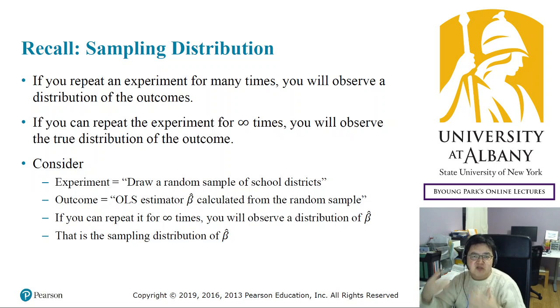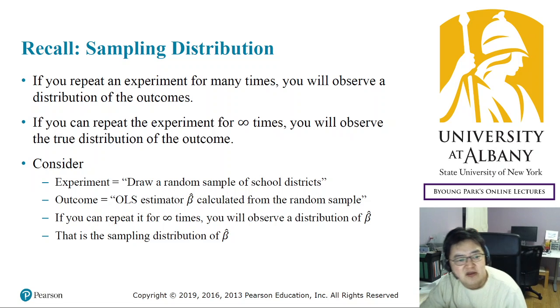Redraw 420 observations and recalculate the OLS estimator from the new sample. Then you will get a different value from the first outcome. That's the second experiment, and you can repeat this again and again.